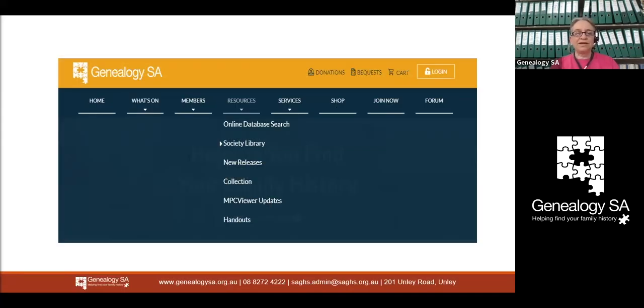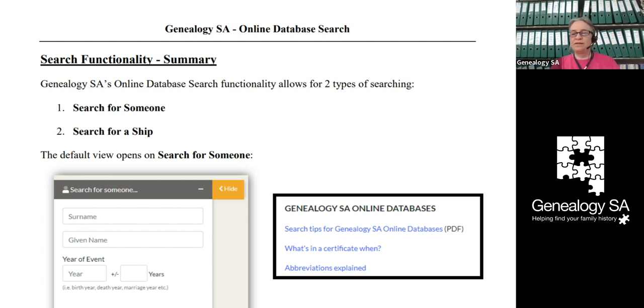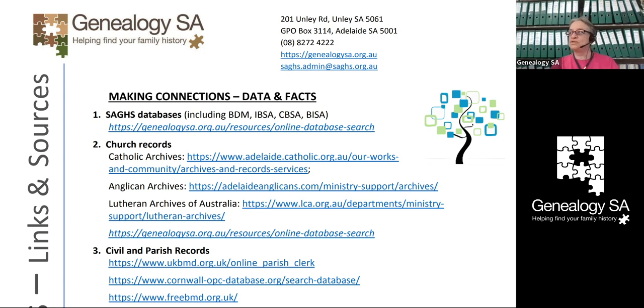We've also got handouts. Now, this is a really amazing section of our website. If you haven't been there before, you go to the resources tab and you go to handouts. One is something put together by David Ballinger that goes through the online databases in massive detail with pictures and arrows and description of where to go and what to look for. And there is another one with sources for researching.